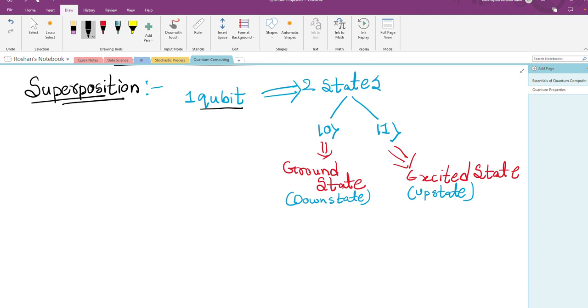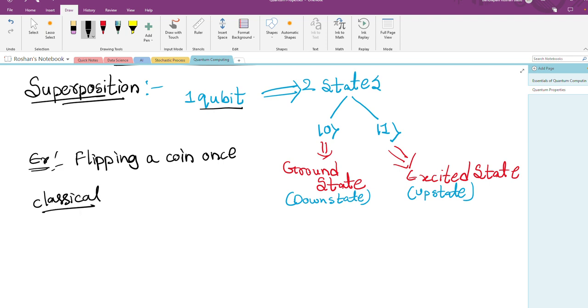So to explain superposition, let's take an example: flipping a coin once. In a classical computer, what will be the probability of head? It is 1 by 2 straight away. And what is the probability of getting tails? It is also 1 by 2.